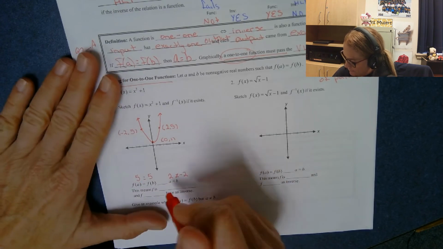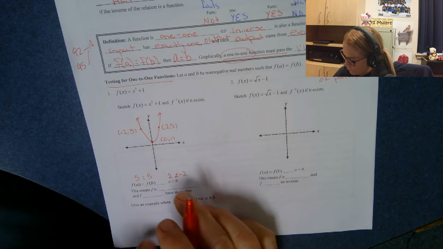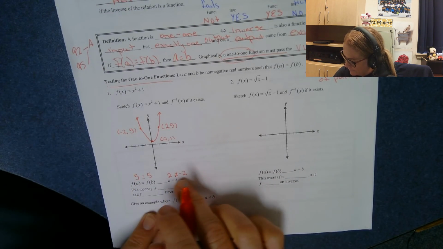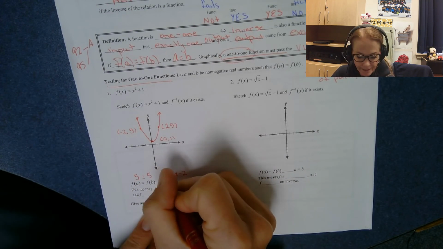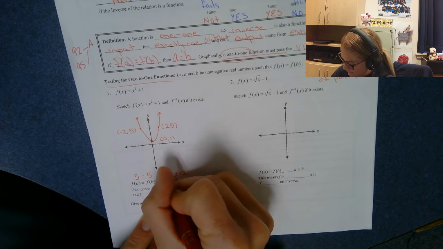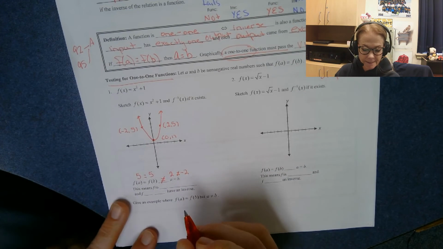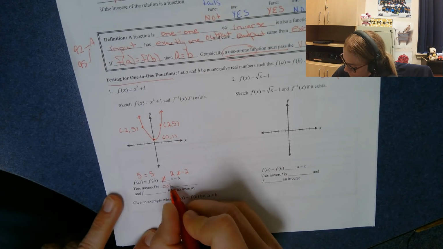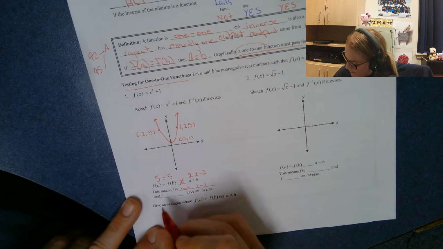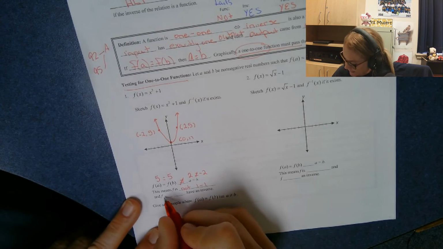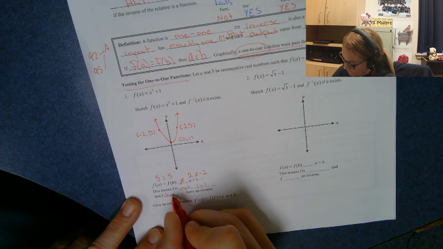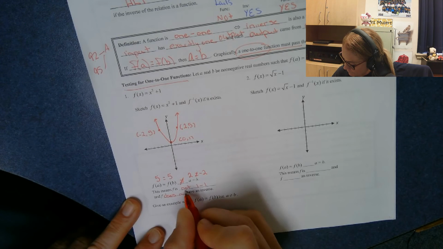So the y values are equal, the x values aren't, so this is not one-to-one. So f does not have an inverse. That's a function. So there's that one.